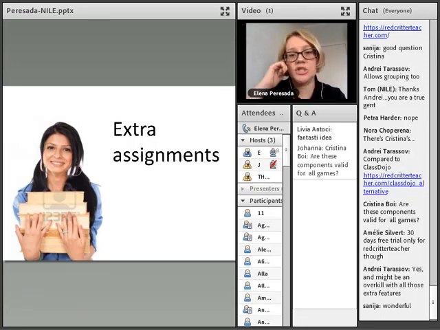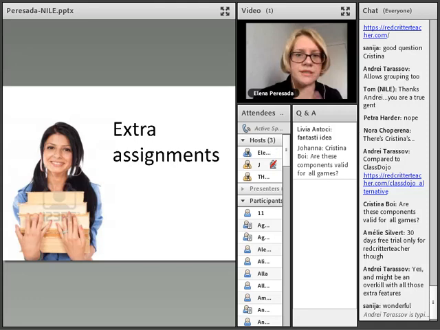And students started asking for extra assignments. As a private school, sometimes students couldn't attend our classes due to illness, or maybe their parents took them away somewhere, or they were busy with something else.